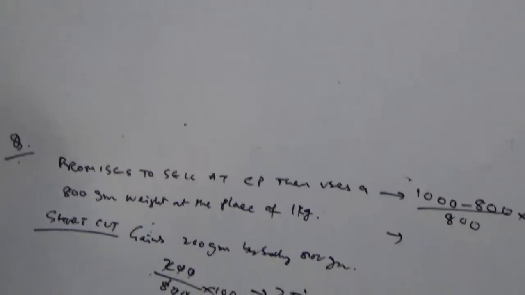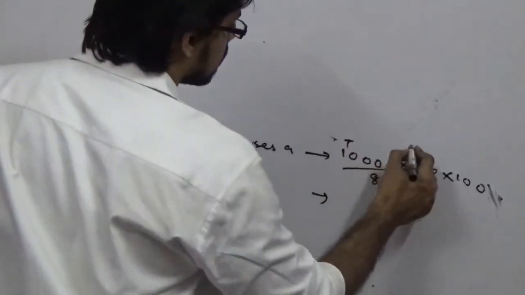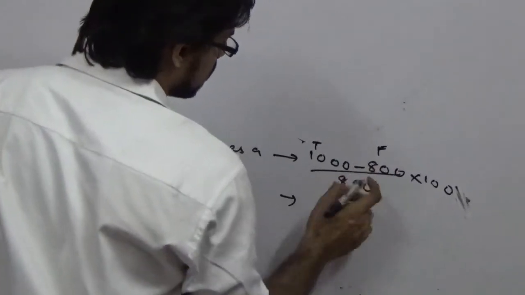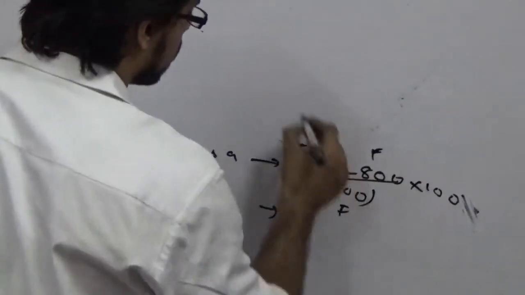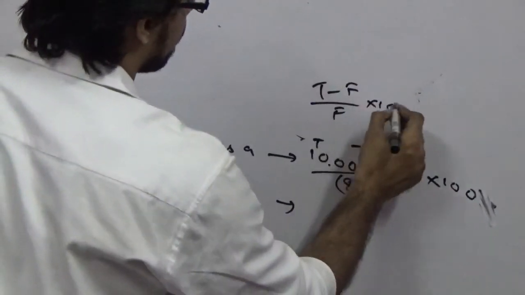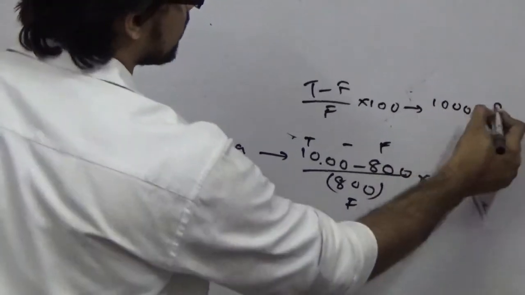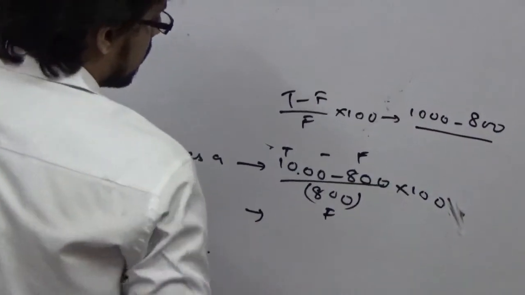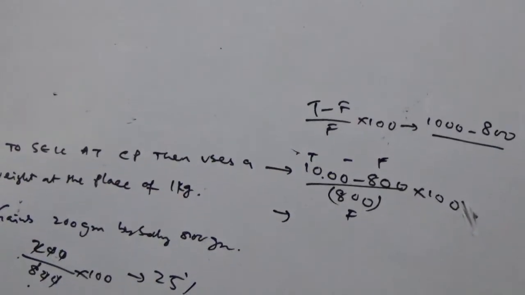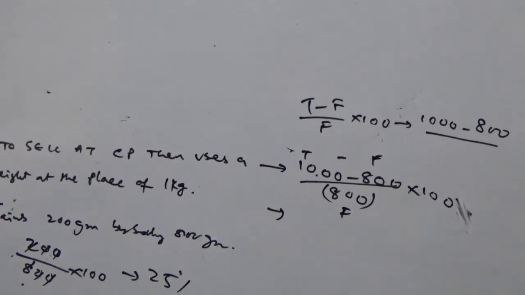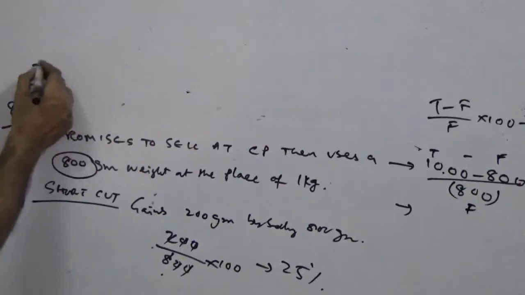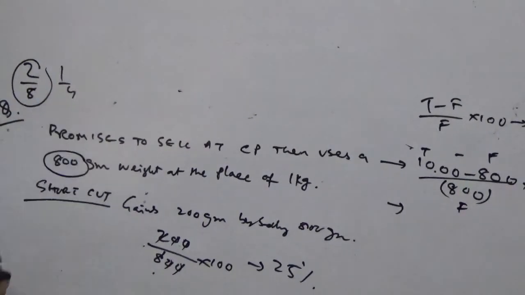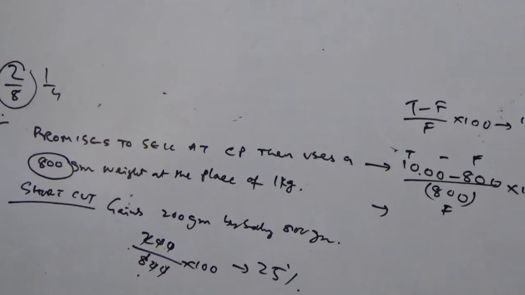This is the true weight, this is the false weight. This is true minus false, divided by the false weight. You see the formula: true minus false by false, T minus F by F into 100. True is 1000, false is 800. So 200 by 800. Obviously it is very evident. In every 800 you get a profit of 200. So actually 2 by 8, so it is 1/4 in this structure. And 1/4 is always 25%.